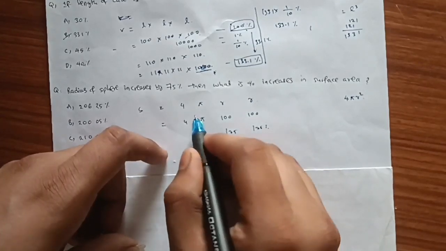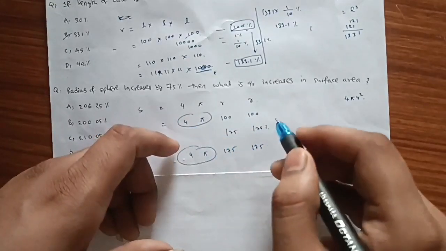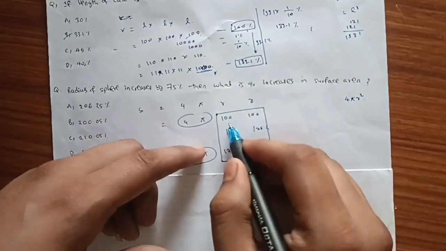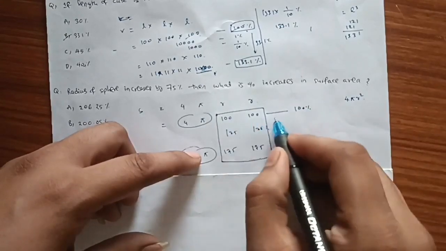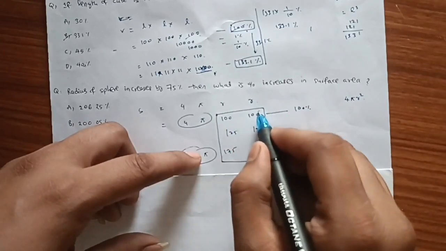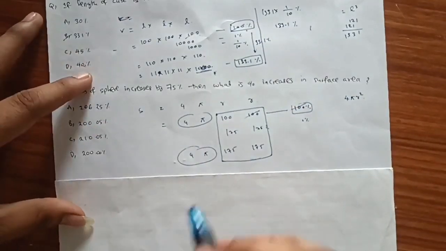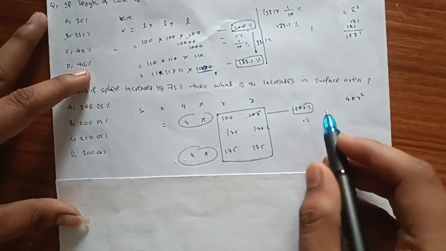So this 4 pi is the same in the two conditions. Instead of including this 4 pi in the calculation, we need to calculate only for these two. If this is 100 percentage, the calculation becomes so long.